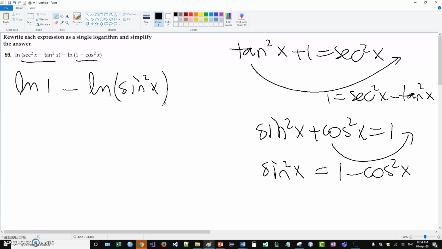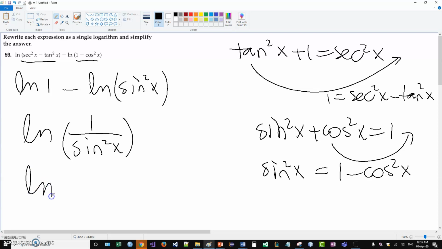Alright, so again, quotient property, we can write this as ln 1 over sine square x. 1 over sine x is cosecant x. So this is ln cosecant square x. And that's our final answer.